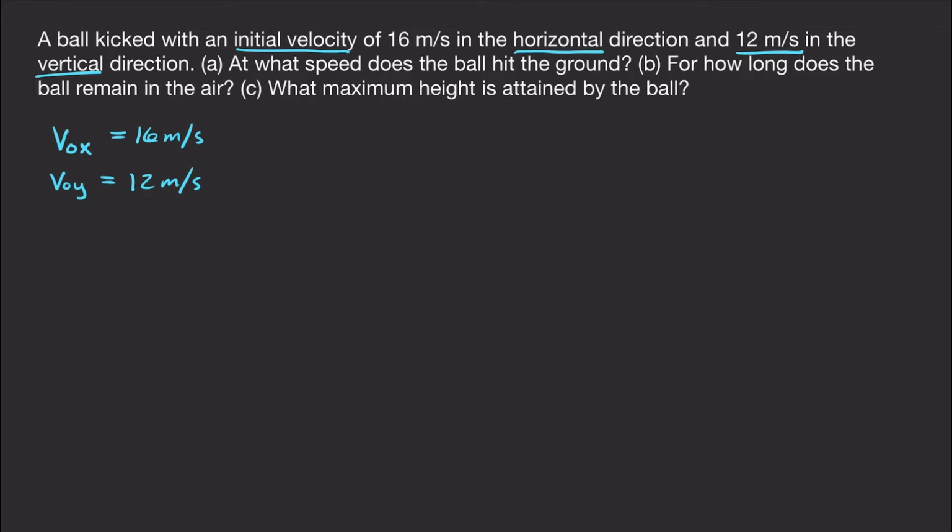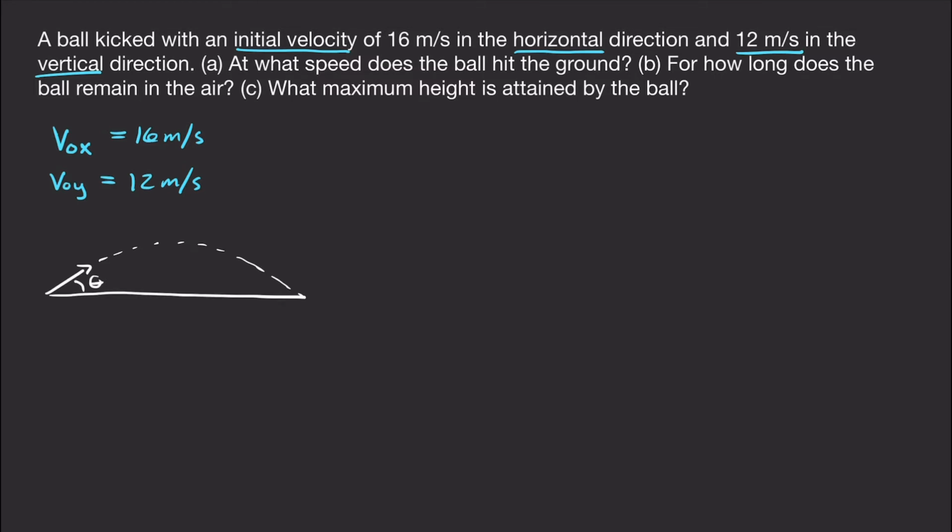And I'm going to draw a picture, maybe just a small one. I find it useful. Okay, so it's going to hit the ground some distance away. This is my angle it's launched at.